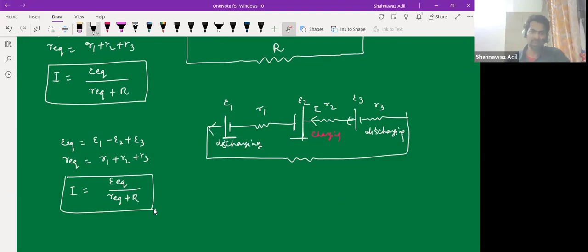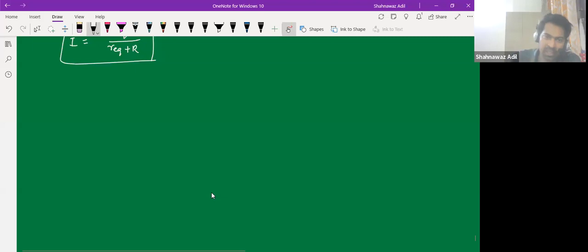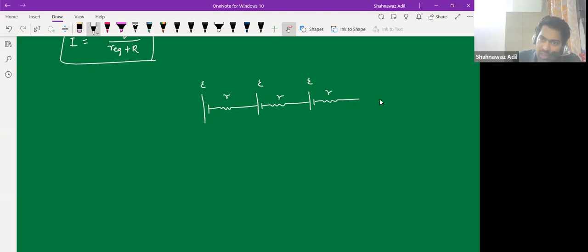And what happens when we combine these cells with equal EMF? Let's say all have the same EMF and the same resistance, up to n terms, not n volts. So these are n cells, and this is connected to the external resistance.